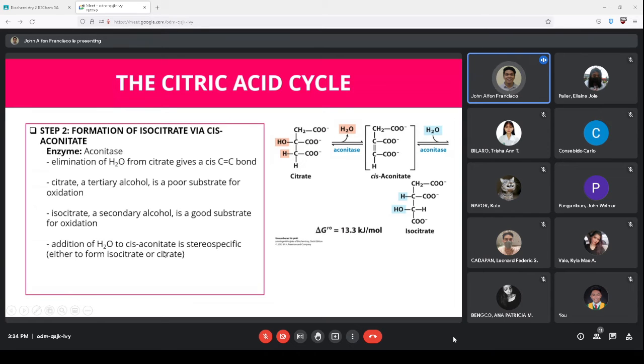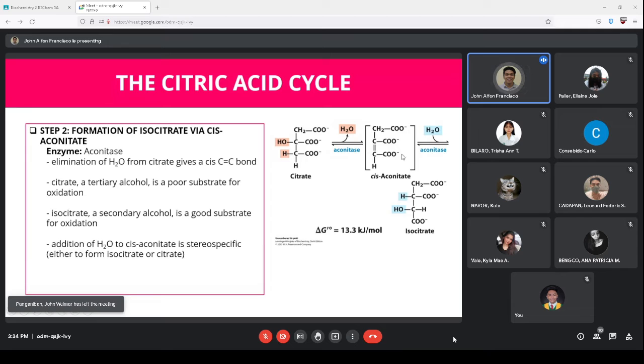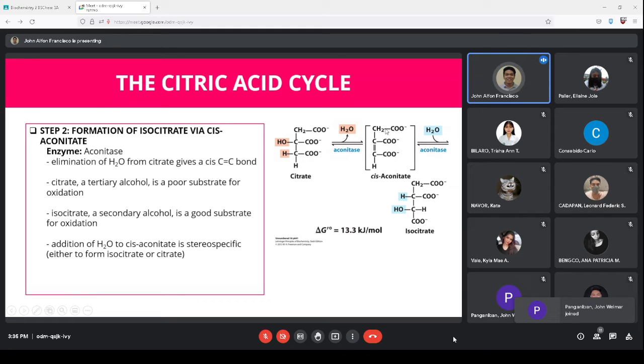Addition of water to cis-aconitate is stereospecific either to form isocitrate or citrate. So this is a reversible reaction with delta G of 13.3 kilojoules per mole. So you just remove the OH group and H by hydration or removal of water. Then you will react it with another water para magkaroon naman ng OH group doon sa 1, 2, 3, 4, sa fourth carbon.